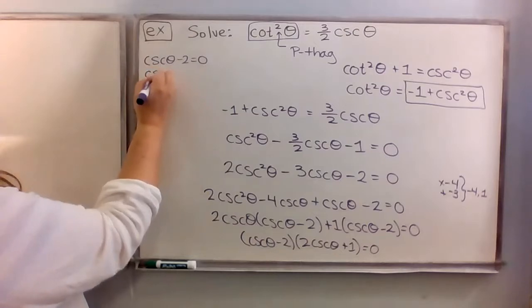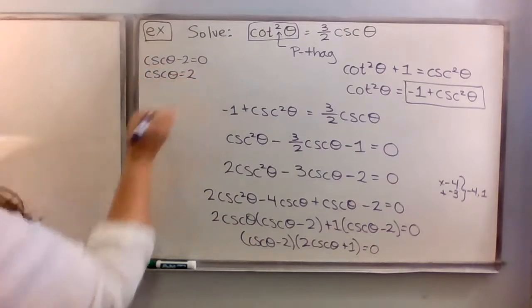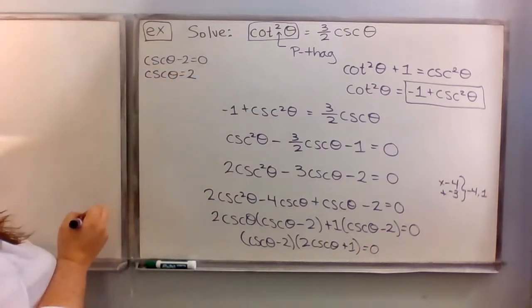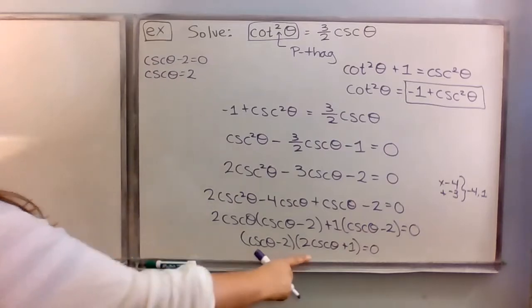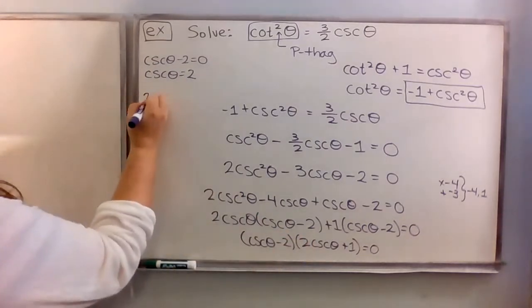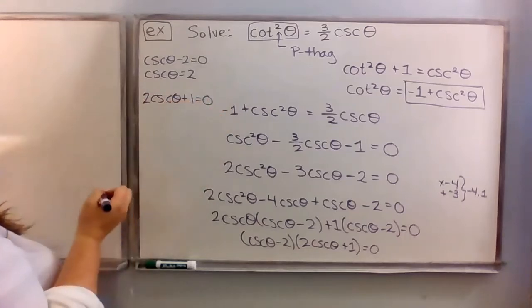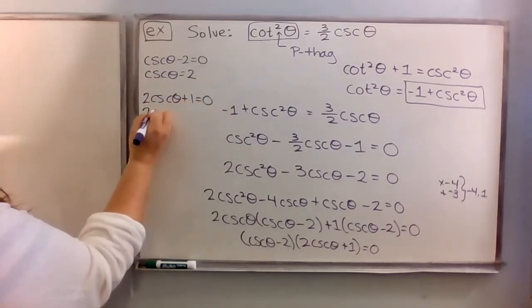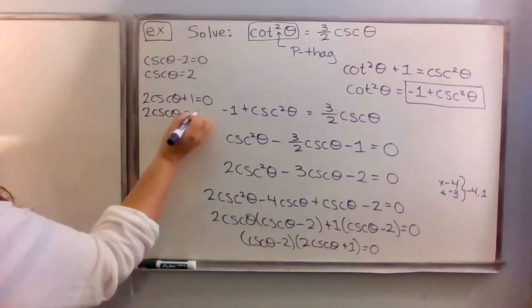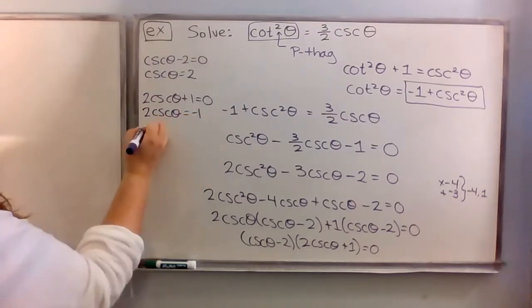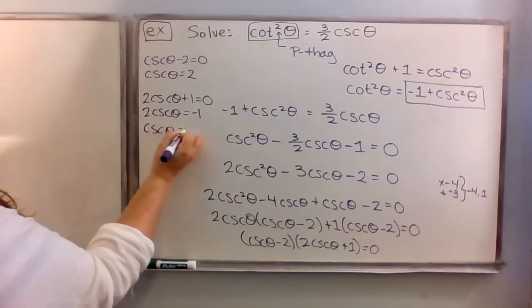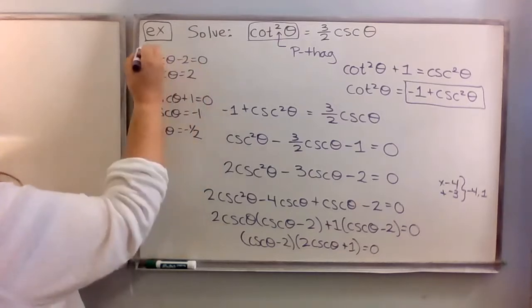So that means that cosecant of theta is going to equal 2. And then we have from the second factor, 2 cosecant theta plus 1 equals 0, which means 2 cosecant of theta is -1. So cosecant of theta is -1/2.